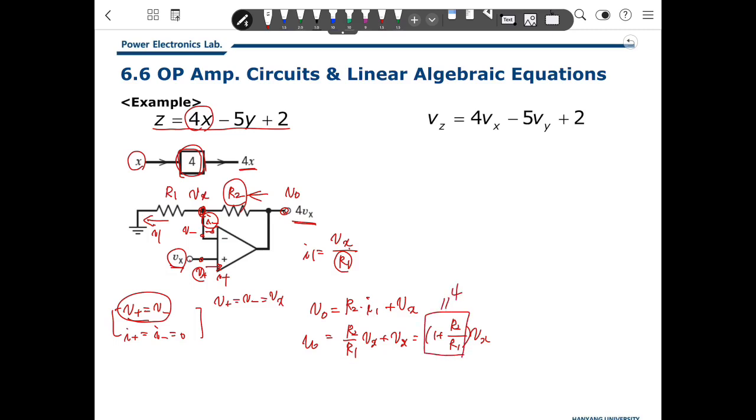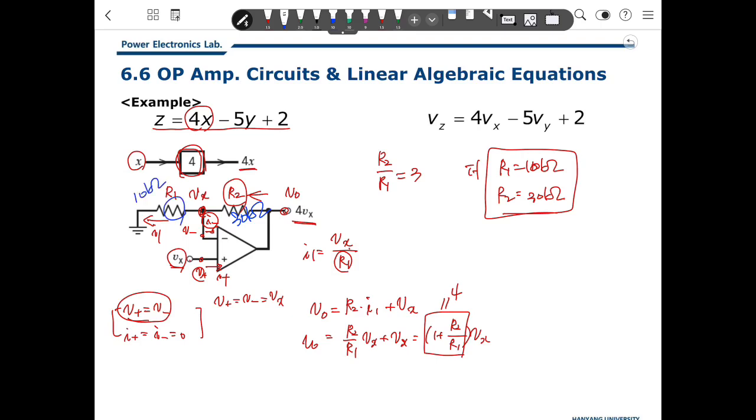So we should make this 4. So R2 over R1 should be 3. So if we design R1 as 10 kilo ohms, then R2 should be 30 kilo ohms. So we can make that value 30 kilo ohms, that value 10 kilo ohms. This is one block to implement multiply by 4.